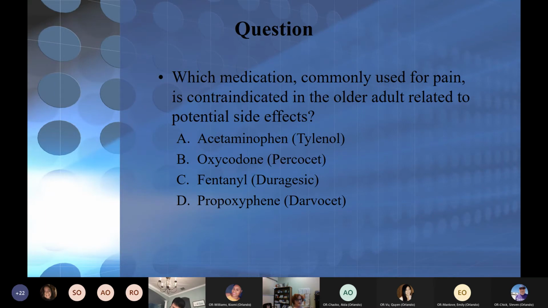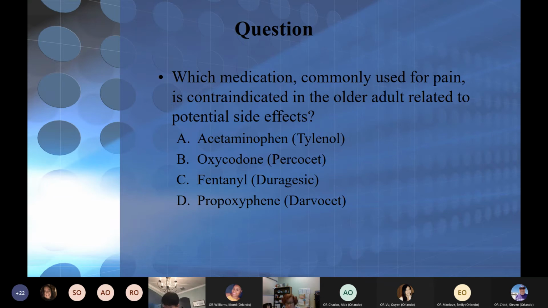So which of these meds is contraindicated in the older adult related to potential side effects? Which one of these really we don't want to give to our older adults? The answer is, go ahead.